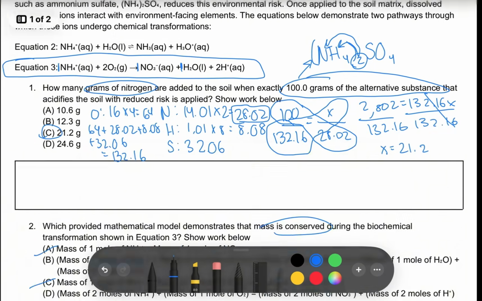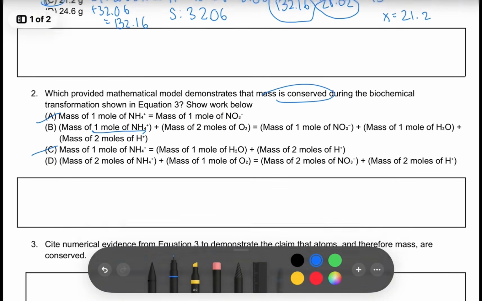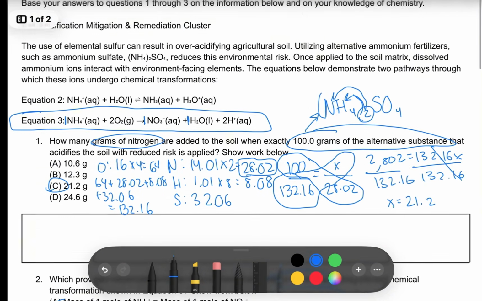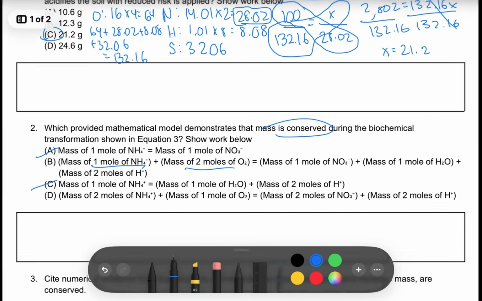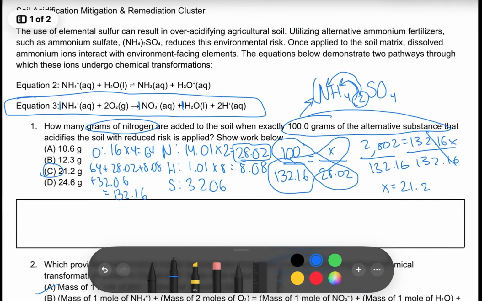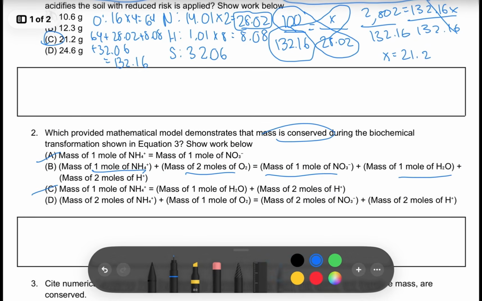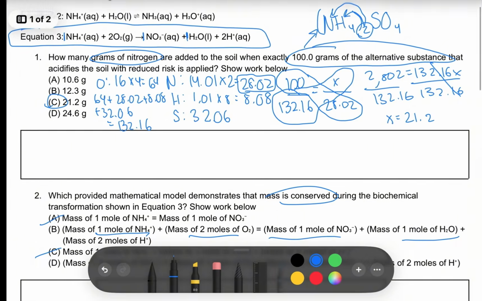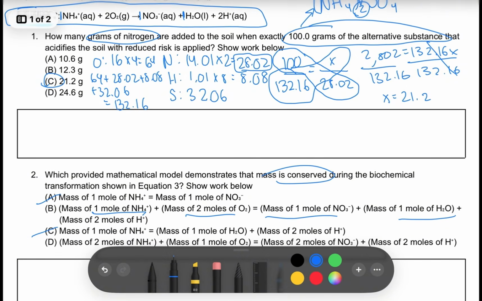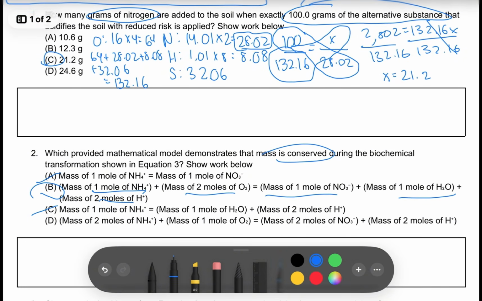So that works. And we had 2 moles of oxygen. That also works. We had 1 mole of nitrate. That also works. 1 mole of water, and then 2 moles of H plus. So B is true. Now, D wouldn't work because it says 2 moles of ammonium, and that's not true.